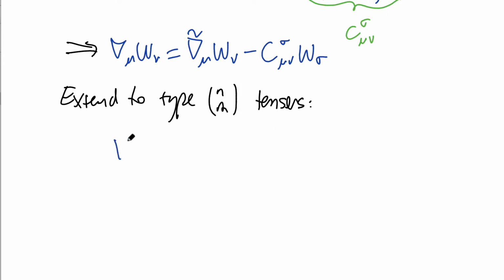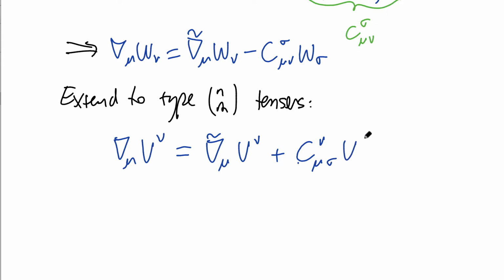For example, del mu acting on a contravariant vector v nu is equal to background del tilde mu v nu plus C mu nu sigma v sigma.